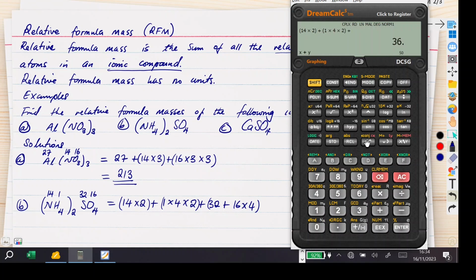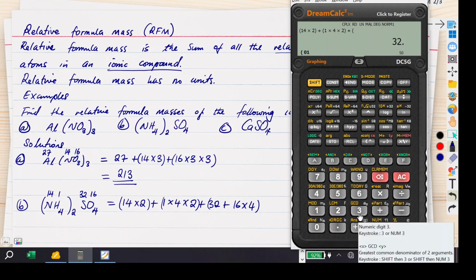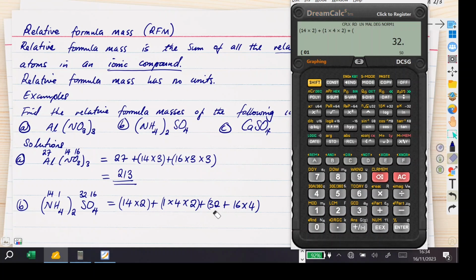Then you also say 32. This one is alone, this one doesn't need to be in brackets. Here you have 32, which is for sulfur.